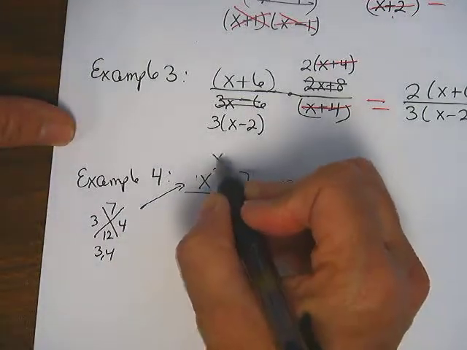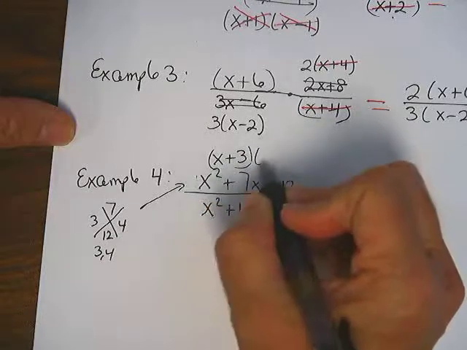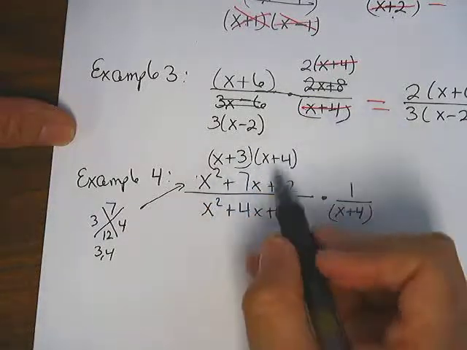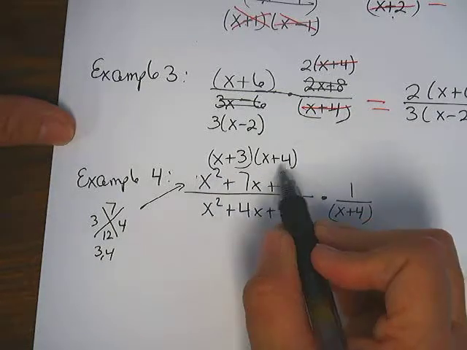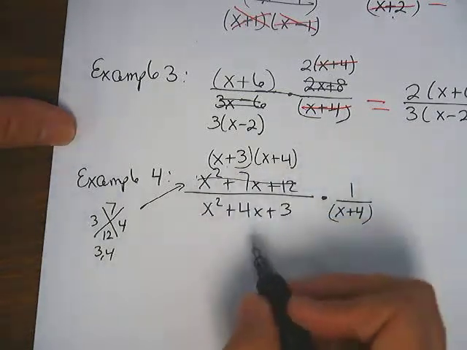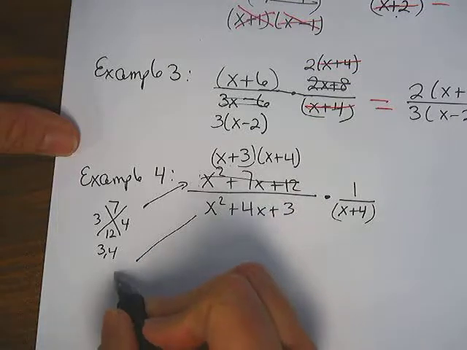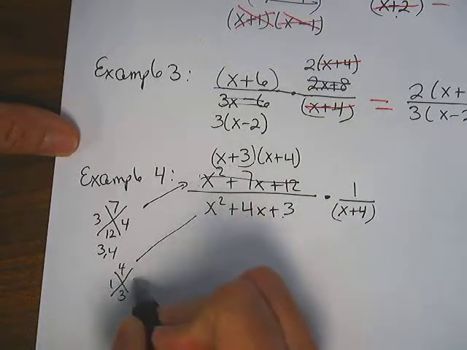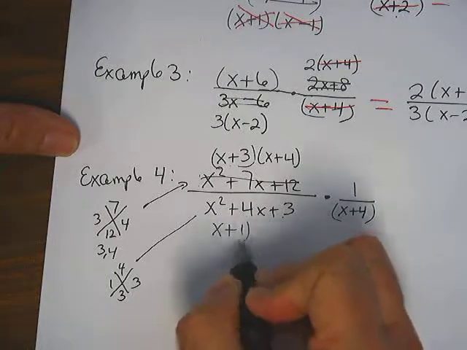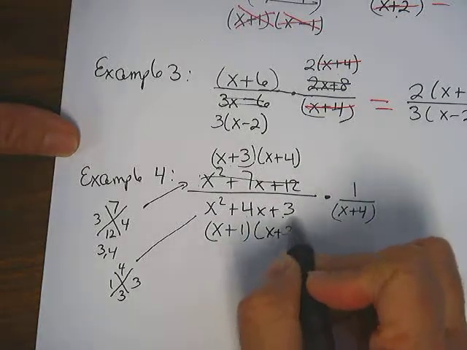So my factors here are x plus 3 and x plus 4. The last step, remember, when we factor is dividing by our a value, but it's 1, so we're okay there. My denominator, I need things that multiply to 3 but add to 4. So 1 and 3. So x plus 1, x plus 3.